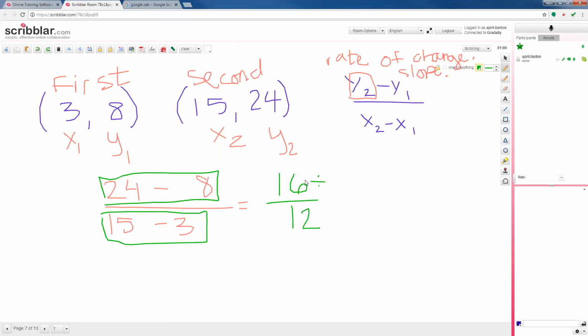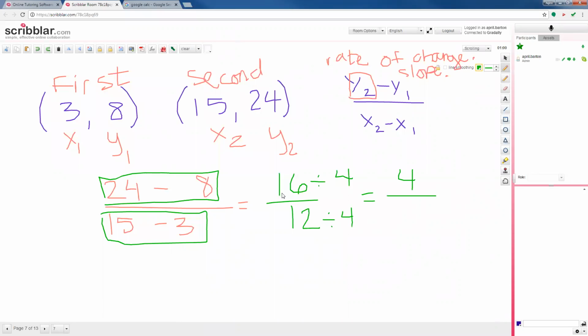So we want to say, is there any number that divides into 16 and also into 12? What number divides into 16 and also into 12? 4. Some of you might have thought 2, which is correct. 2 does work. We want to pick 4 though because it's the bigger number.